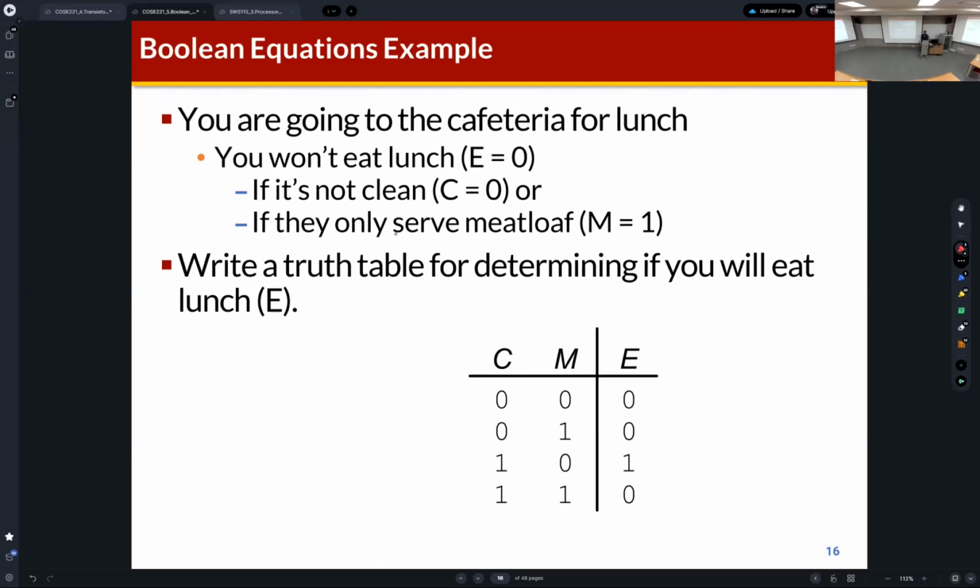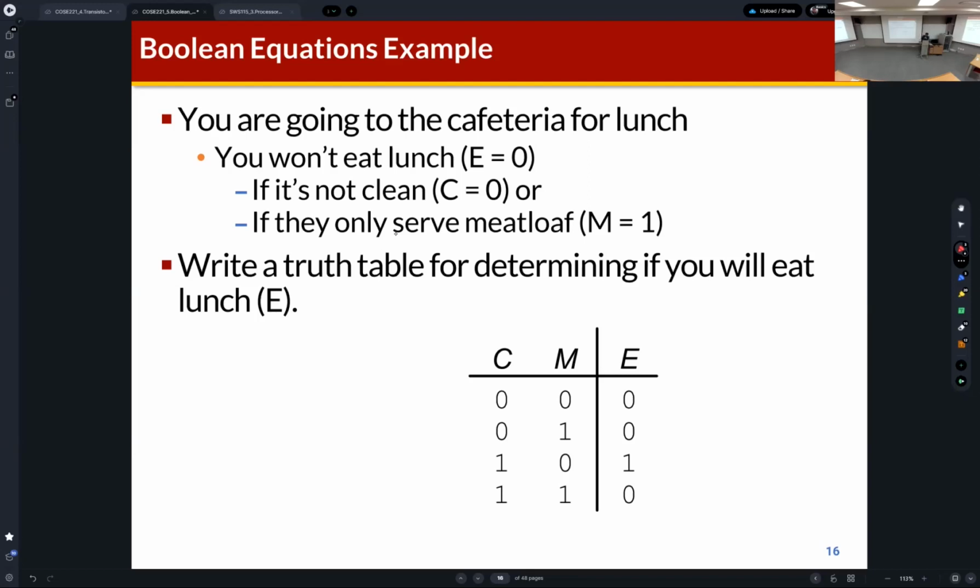But Boolean equations are different because they just use variables that have only two values, true or false. But we can generate Boolean equations from our real world examples. So this is the example.